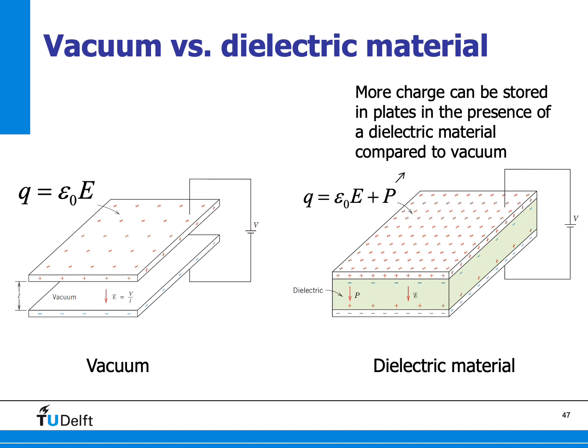So the amount of charge is again proportional to the electric field, where the permittivity of the vacuum is the polarization factor that we found before in the case of the vacuum. But now there is a polarization added to this equation, which leads to a larger amount of charge that can be stored on these plates if a dielectric material is present in between the plates.